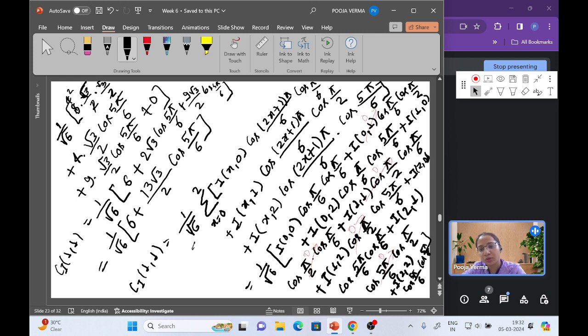So now you can solve it further, or otherwise if we multiply it in, then we will get 6 by root 6 plus 13 root 3 over 2 root 6 cos 5 pi by 6. So you can solve it, otherwise you can leave it here.